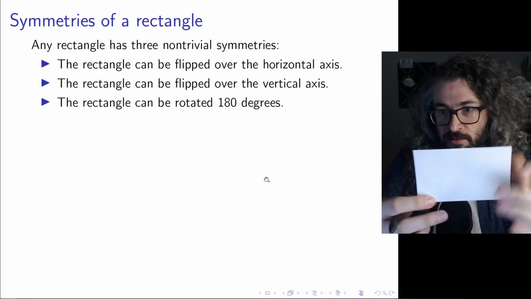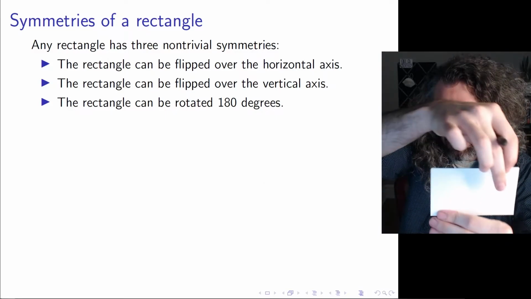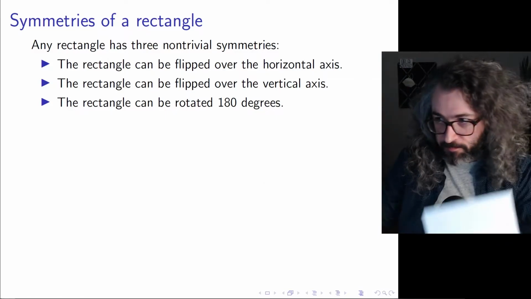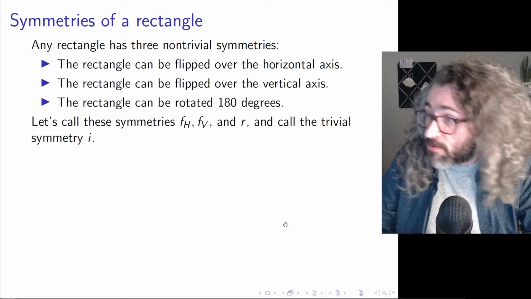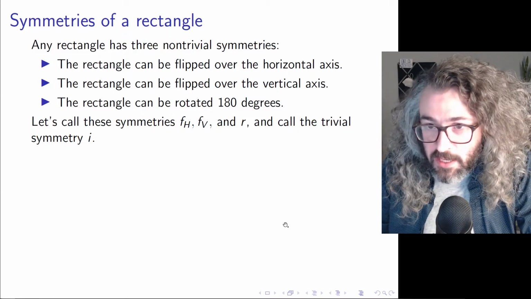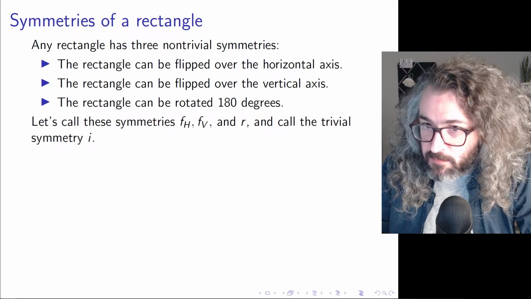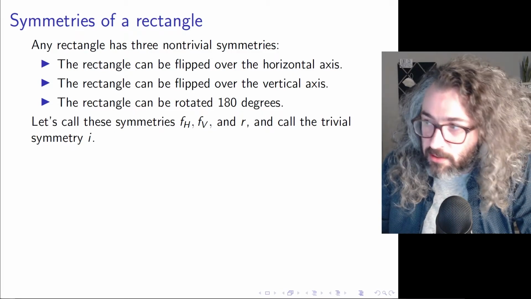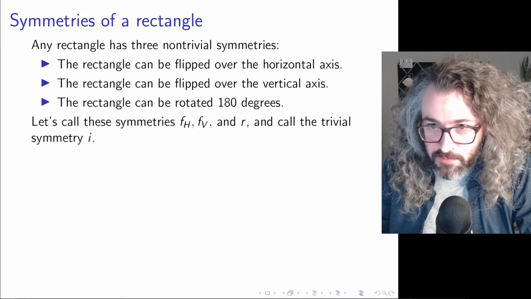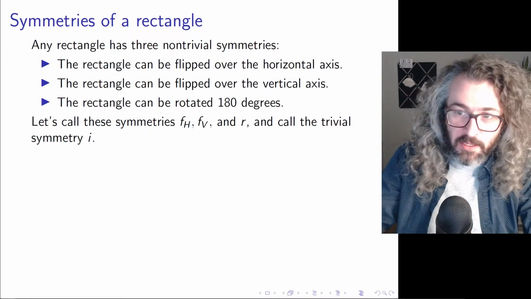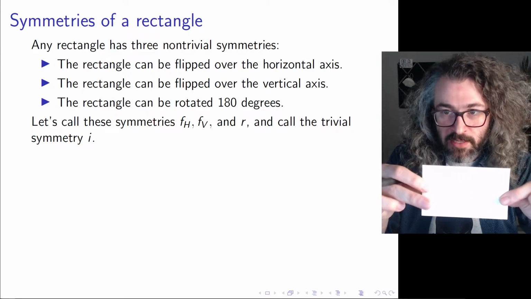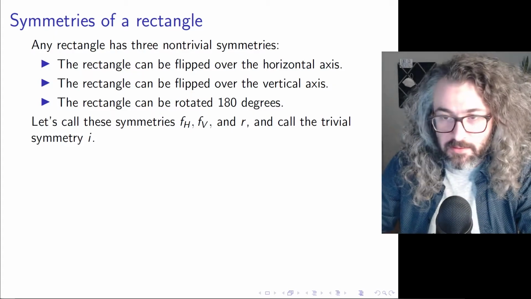And another thing you can do with the rectangle is rotate 180 degrees. So let's call these symmetries F sub H for flip over horizontal, F sub V for flip over vertical, and R for rotation. And let's call the trivial symmetry I. So if you just leave the rectangle exactly how it is, that is I.